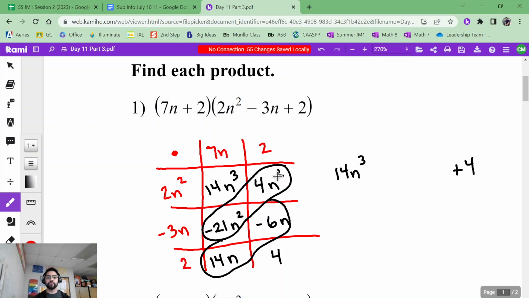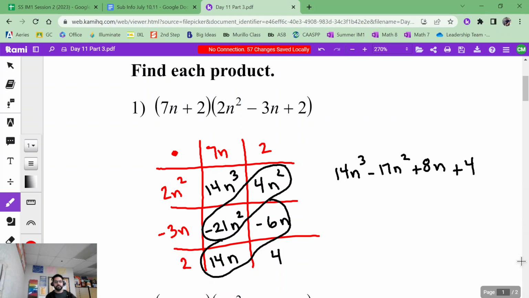So looking at your n squareds, again, it's separate from the n's, separate from the n cubed. Negative 21 plus 4, or 21 subtract 4 is 17. Keep the negative sign, so negative 17n squared. 14 subtract 6 is 8n. And there you go.